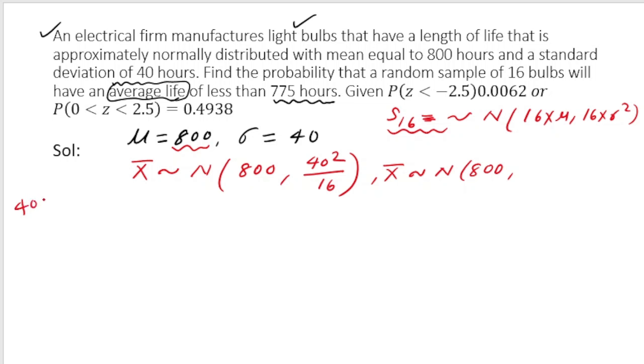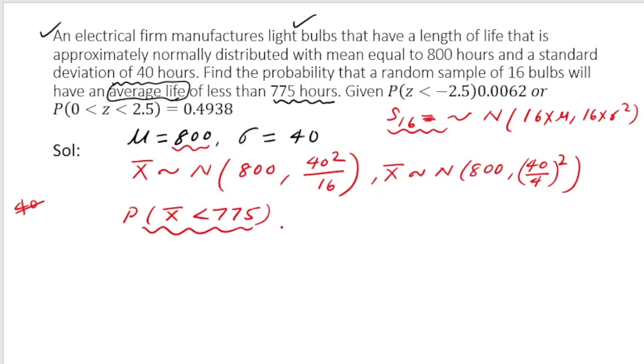Let me write it as 40 by 4 whole square. For our computation it will be easier, right? Now we have to calculate the probability that the average life will be less than 775 hours, so the probability for x bar less than 775 hours, right?